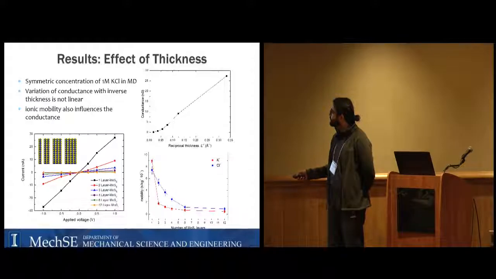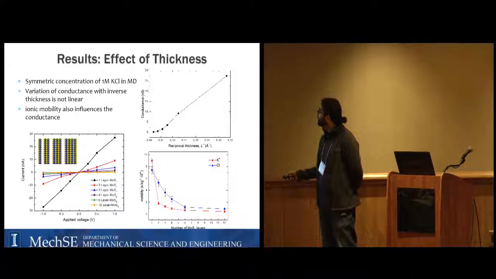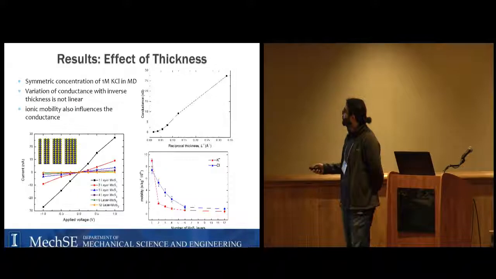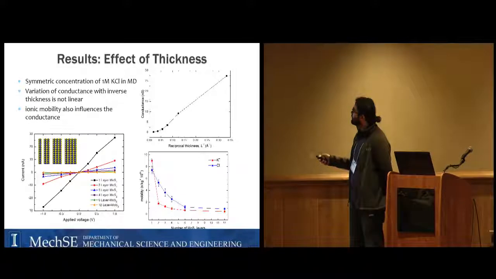For different layers of the membranes, we got the conductance as a function of 1 over L, or 1 over the thickness. And we noticed that this is not linear.